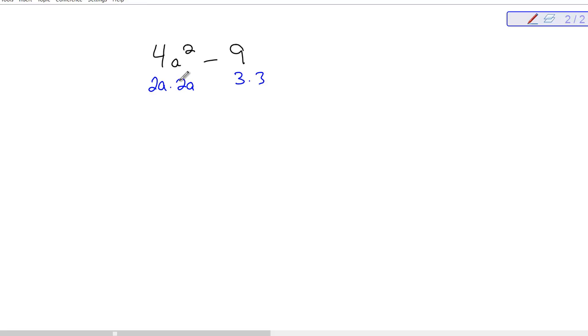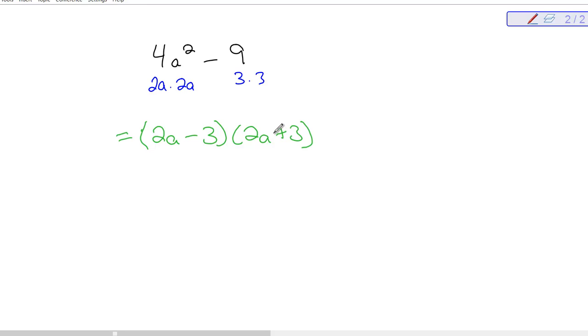I want a number with a variable anytime I have this type of situation. Therefore, when I actually factor it, it's going to become 2a minus 3 and 2a plus 3. Notice I have my 2a and 2a, my 3 and my 3, and then one negative and one positive.